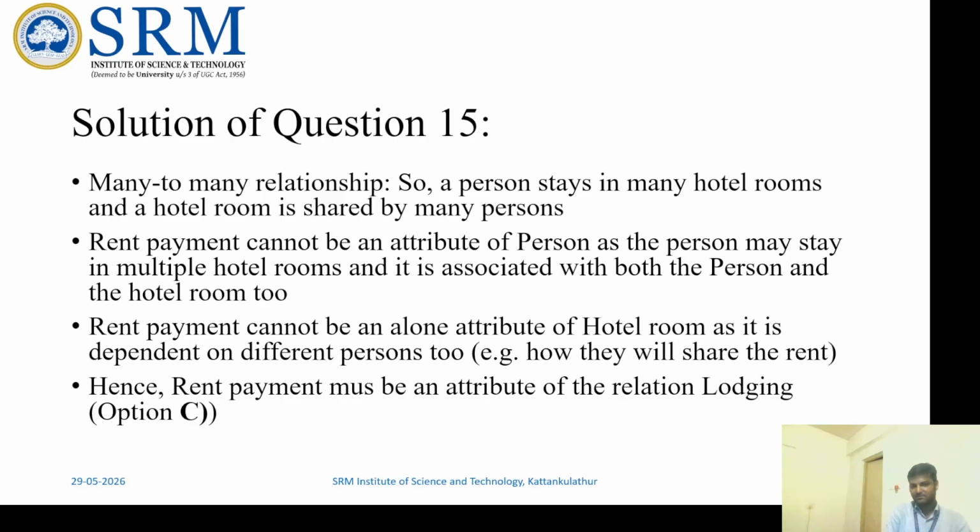If I say rent payment is an attribute, it cannot be the sole attribute of hotel room, as it is dependent on different persons too. For example, how will they share the rent? Hence, rent payment must be an attribute of the relationship.